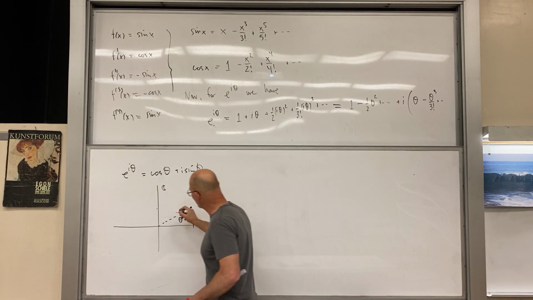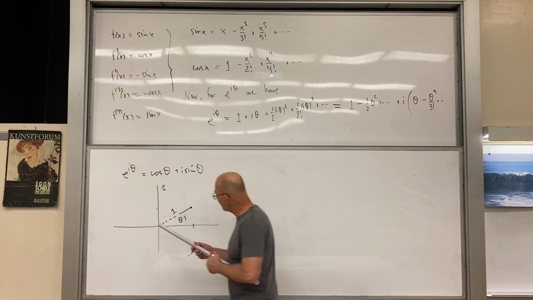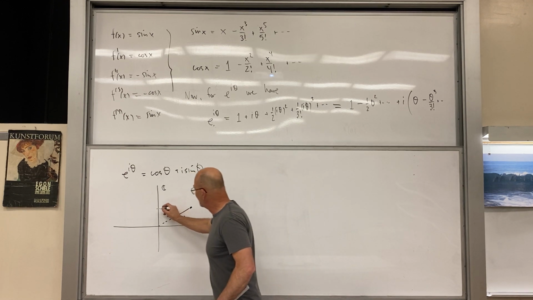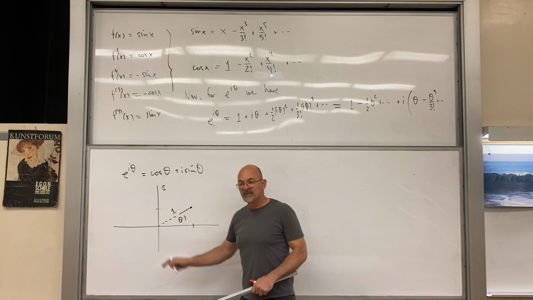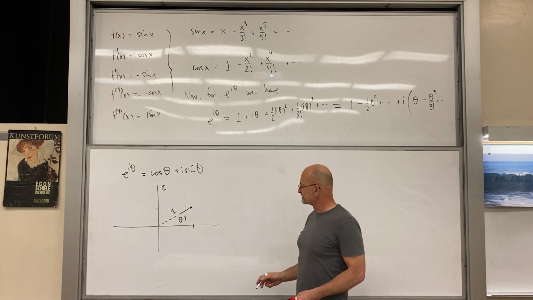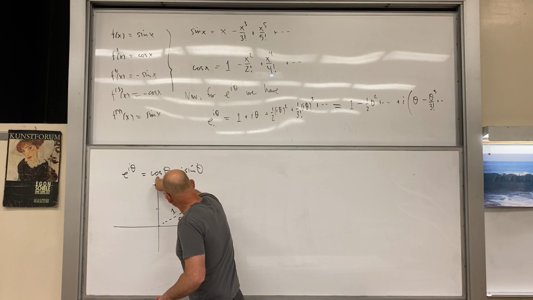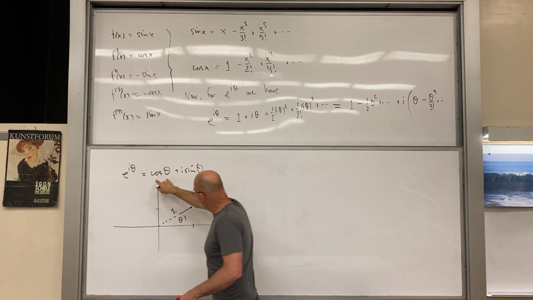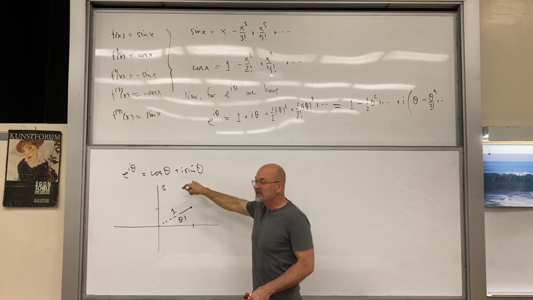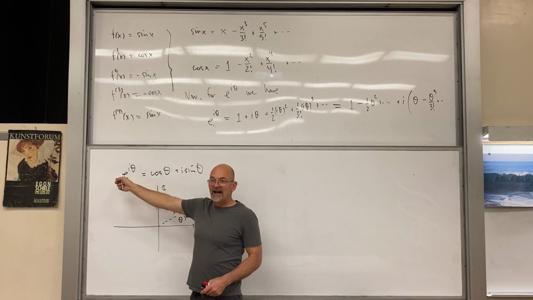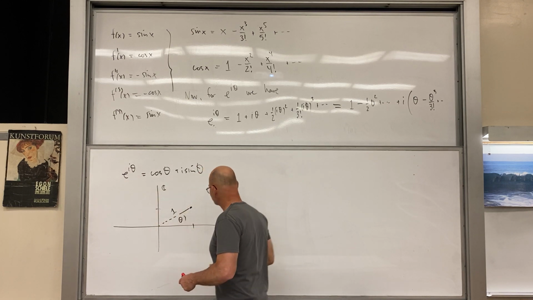This is on the unit circle with length 1. This is cosine theta, and this is i times sine theta. So that complex number can be expressed as cosine theta plus i sine theta.